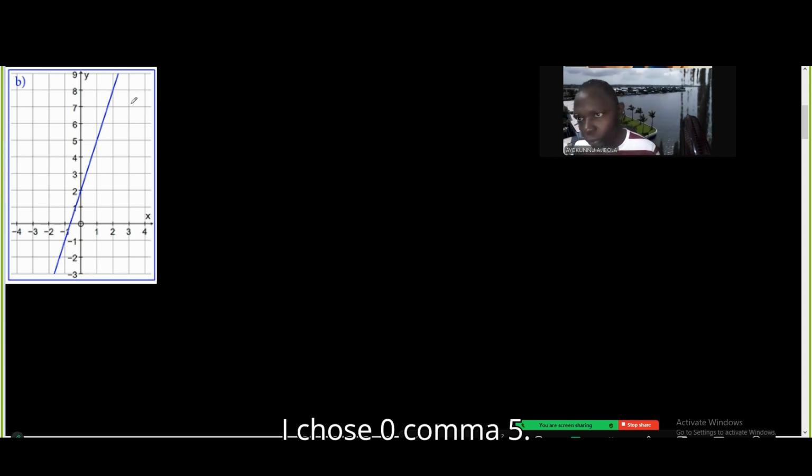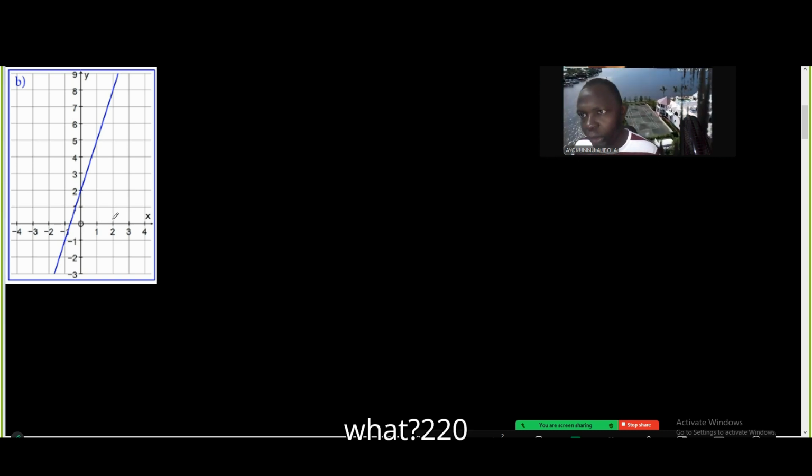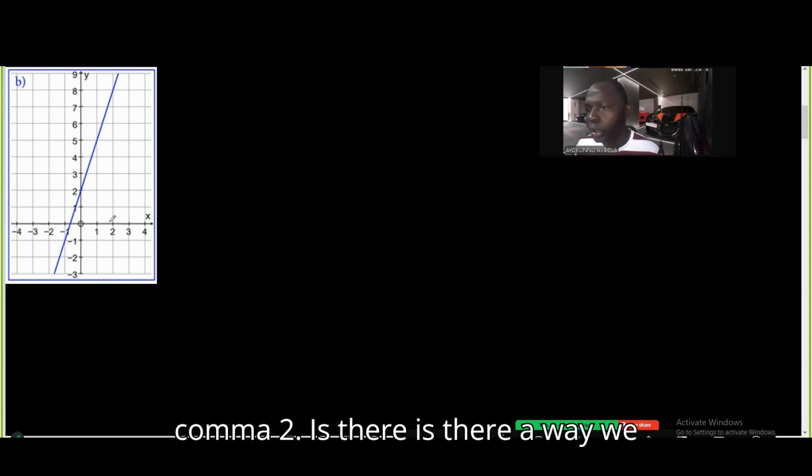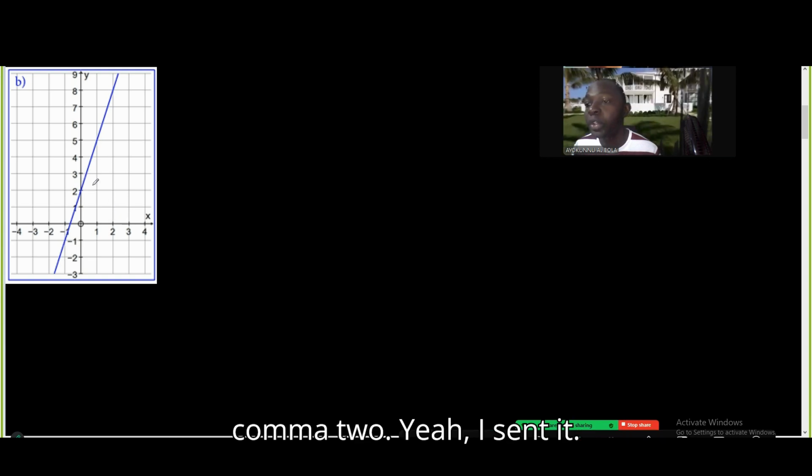I chose 0 comma 2. Is there a way we could ever choose 0 comma 2? Okay, 0 comma 2, yeah, I've seen it.